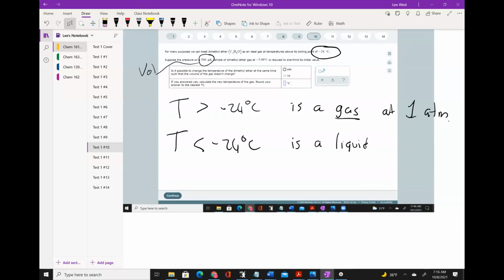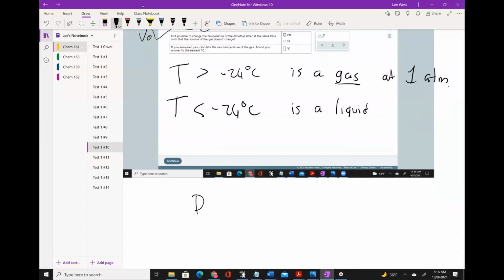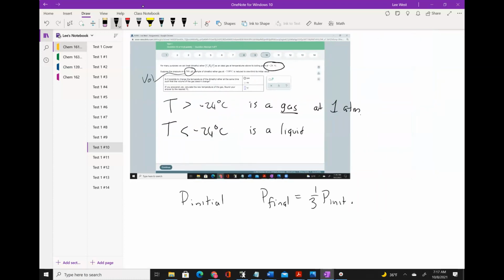So minus 5 is above minus 24, and we have some initial pressure, and then we drop it so that we arrive at some final pressure, and that final pressure is equal to 1/3 of whatever the initial pressure was. So we made the pressure go down.